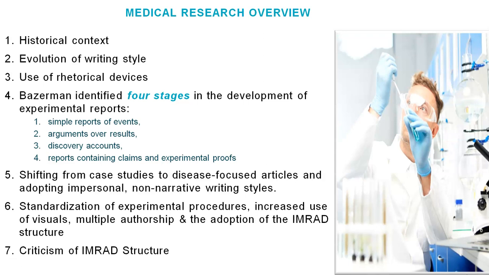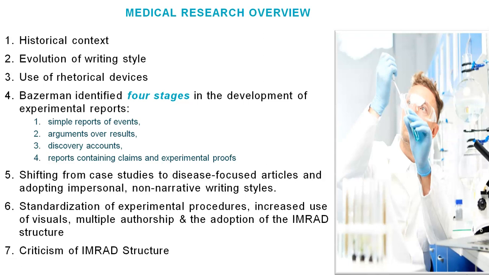And then the authors were giving us a history of medical writing and the evolution of writing style. And it is the Royal Society of London that played a very significant role in developing scientific research.